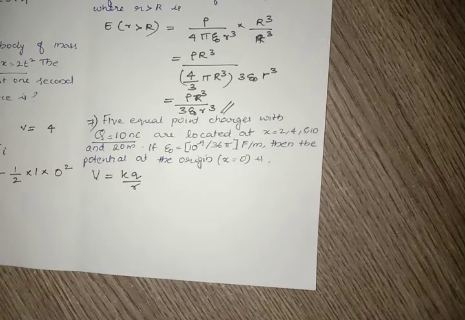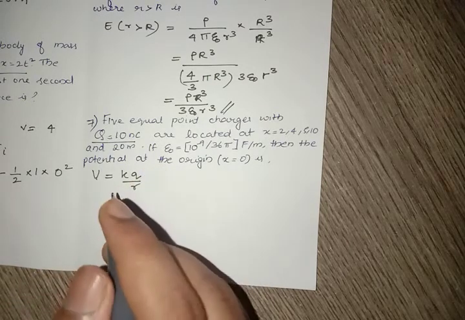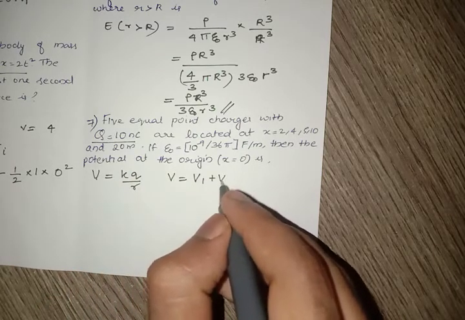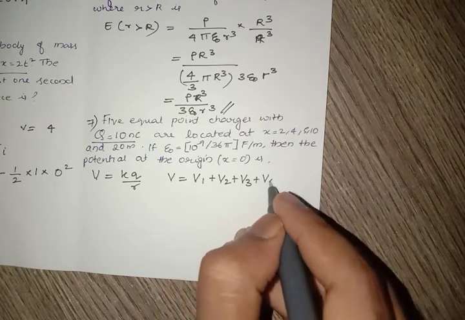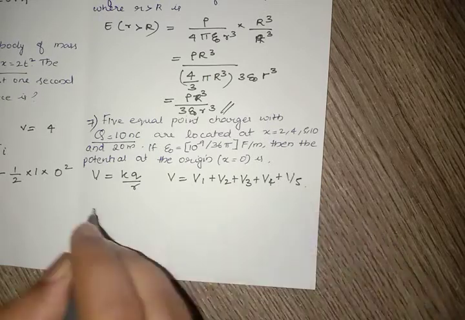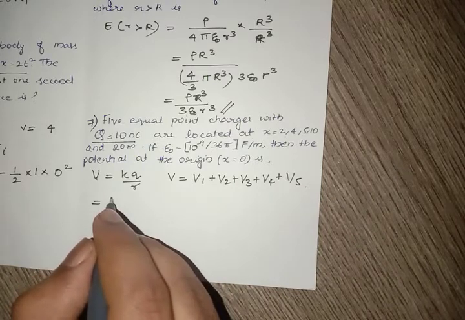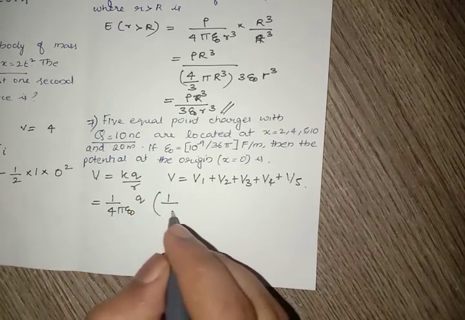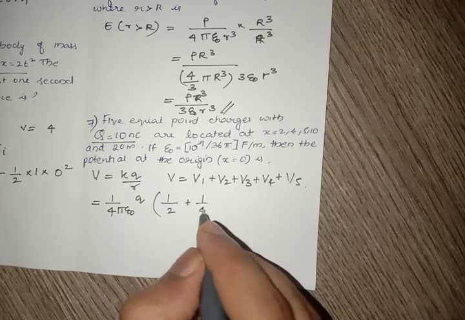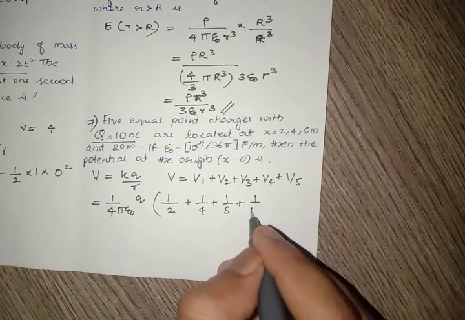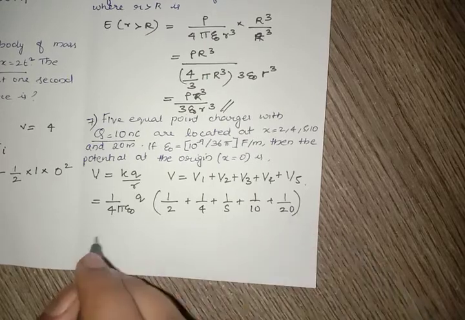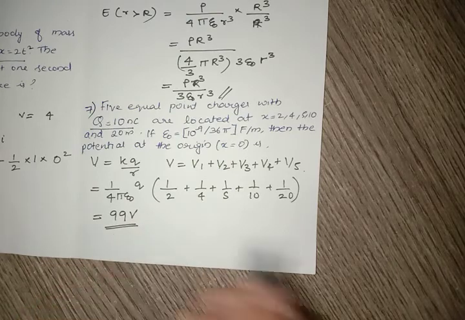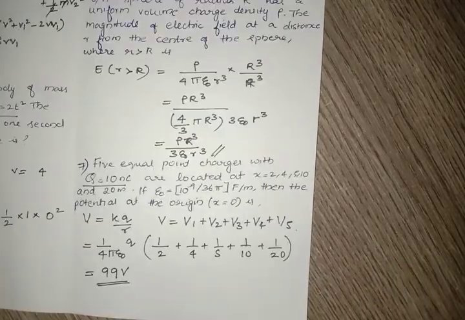We need to find the resultant potential, which is V is equal to V1 plus V2 plus V3 plus V4 plus V5. This will be equal to 1 by 4 pi epsilon naught into q into 1 by 2 plus 1 by 4 plus 1 by 5 plus 1 by 10 plus 1 by 20. This is equal to 99 volt.